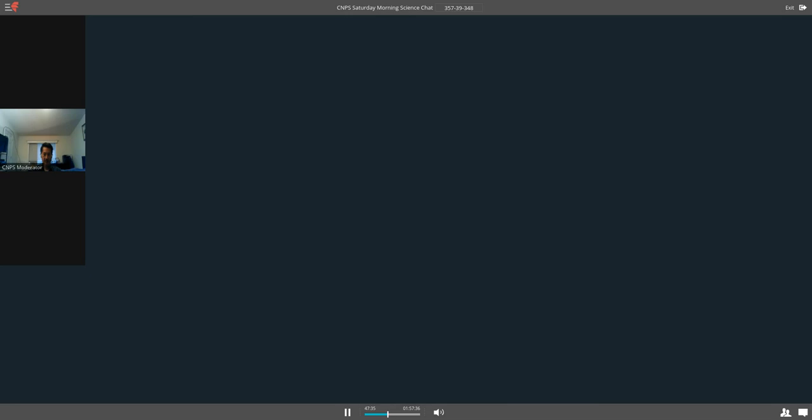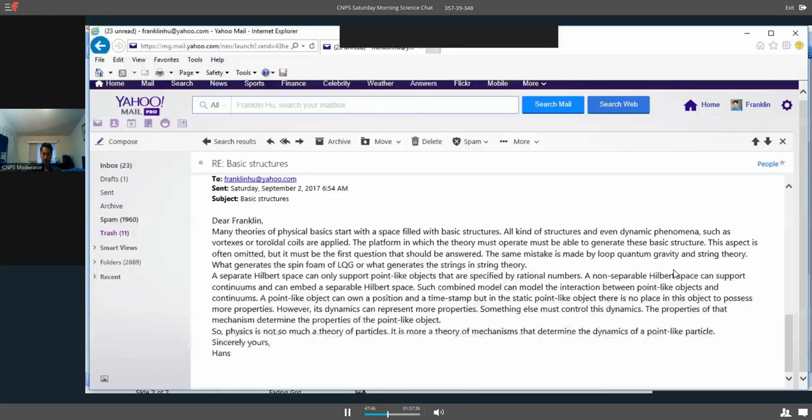Yeah, that's right. I need them both because one of the Hilbert spaces is a separable Hilbert space, and the other is a non-separable Hilbert space. The separable Hilbert space is embedded in the non-separable Hilbert space.